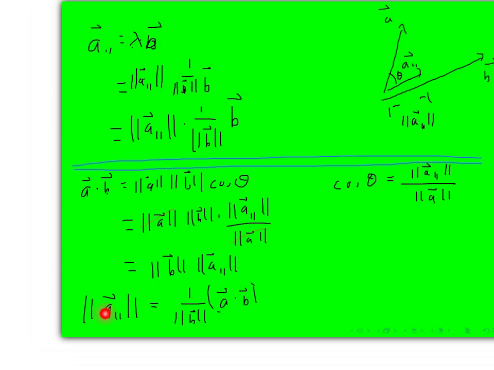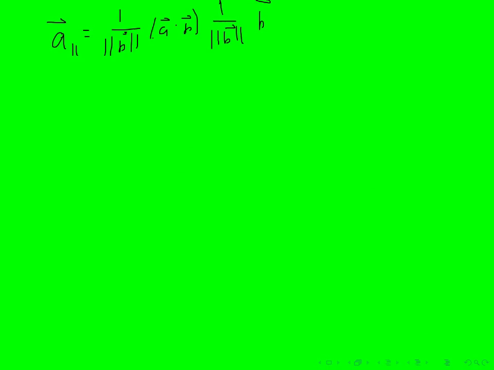So I'm going to take this equation and plug it in right there on the next page. Okay, so here it is, but it looks a little bit messy the way it is, so let's group things a little bit. This is 1 over the magnitude of b squared times a dot b, and notice all of that is a scalar, and then I take that scalar and multiply it by the vector b.